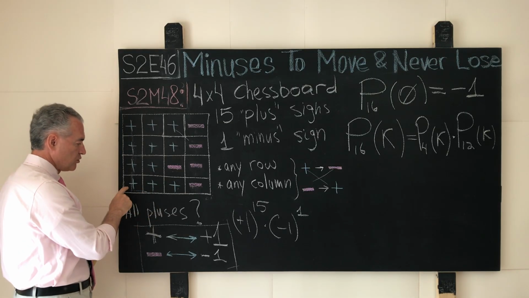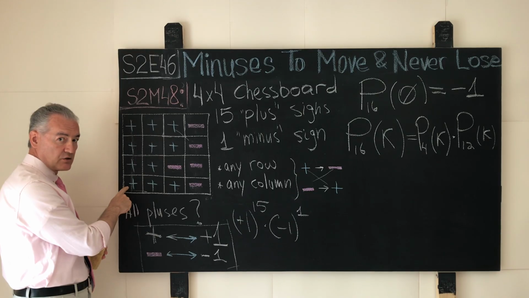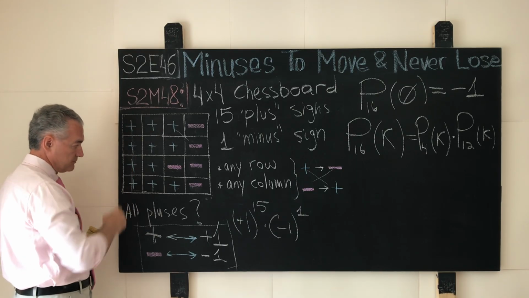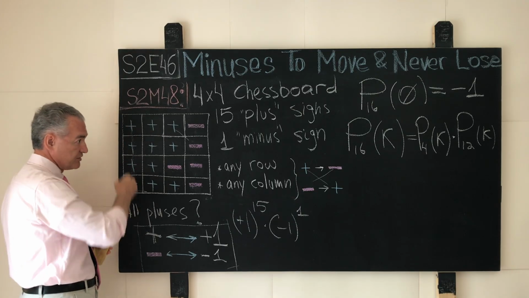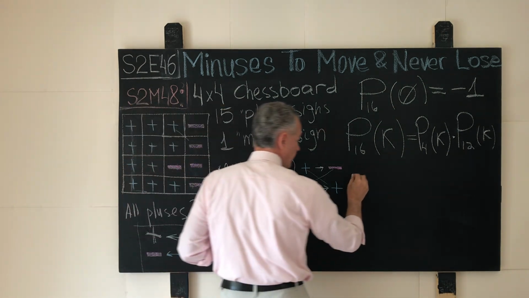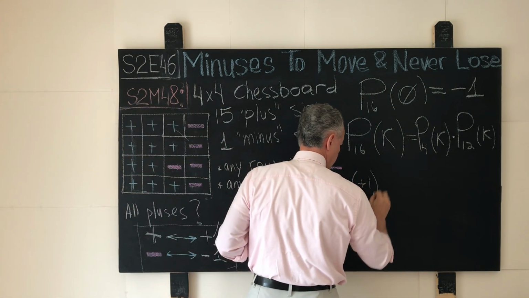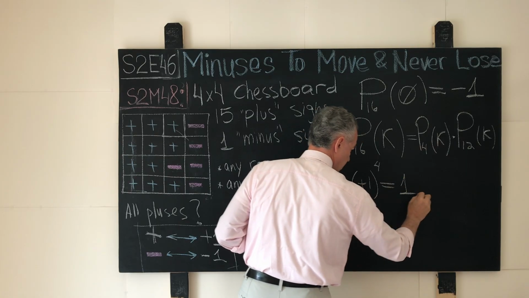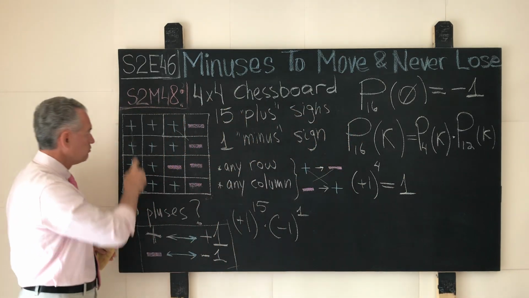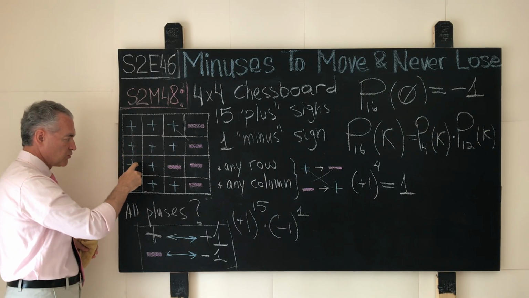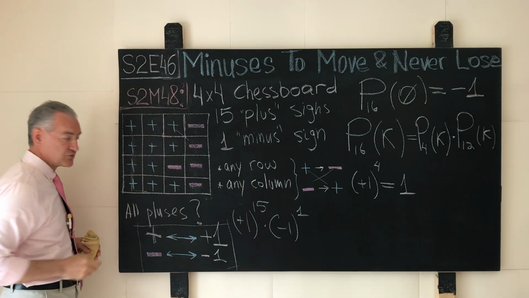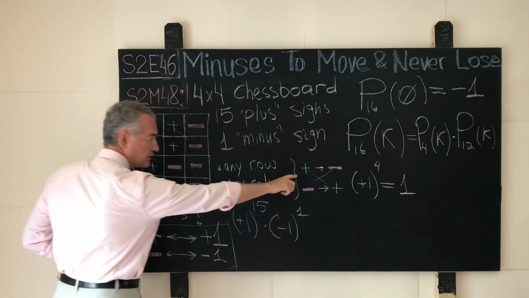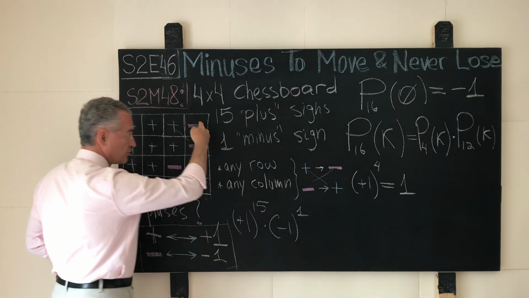Now, in this case, what is the multiplicative value of all the plus 1s that are in this column? Well, this will be plus 1 raised to the fourth power. And what is the result of this multiplication? Plus 1 times plus 1 times plus 1 times plus 1. It is plus 1. Now, according to our legal rule, all pluses become minuses, as we saw over here.